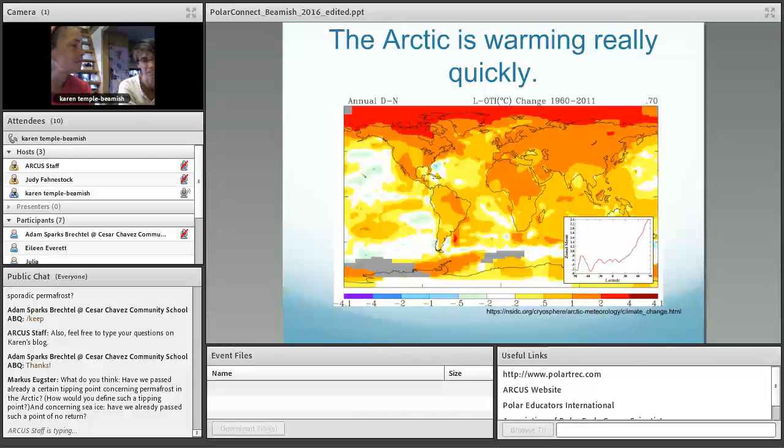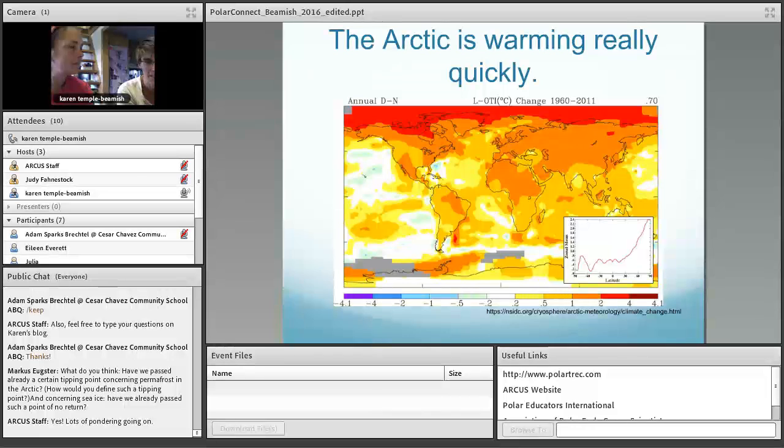I mean, I would have to say I don't know. Tipping points are very difficult to define and determine. I think it depends a lot on what the future trajectory is in terms of warming of the region or of the planet, because it very much depends on what happens in the future.